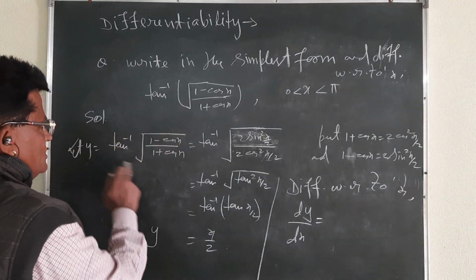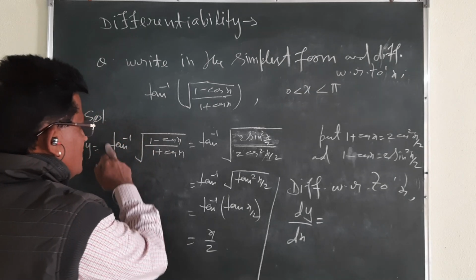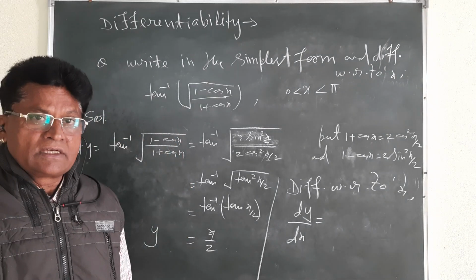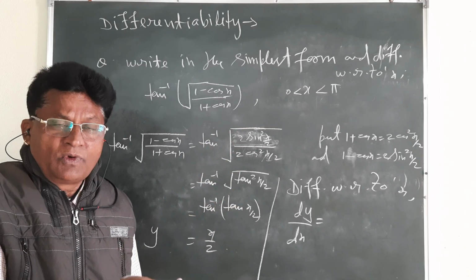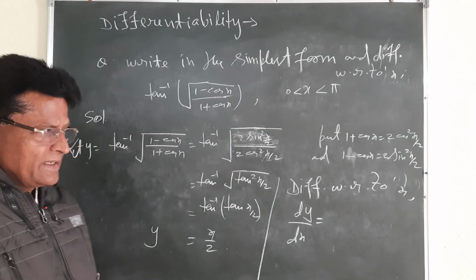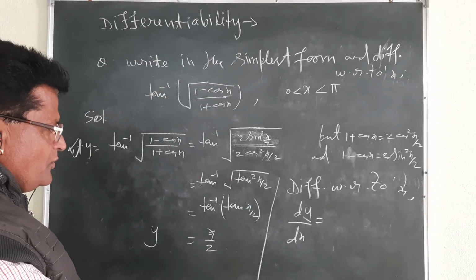Y is this one, this is the total y. With this function you would differentiate, it will become very lengthy, because you would use the quotient rule which I told you just before. But if you change it into the simplest form, you can easily find out the solution.